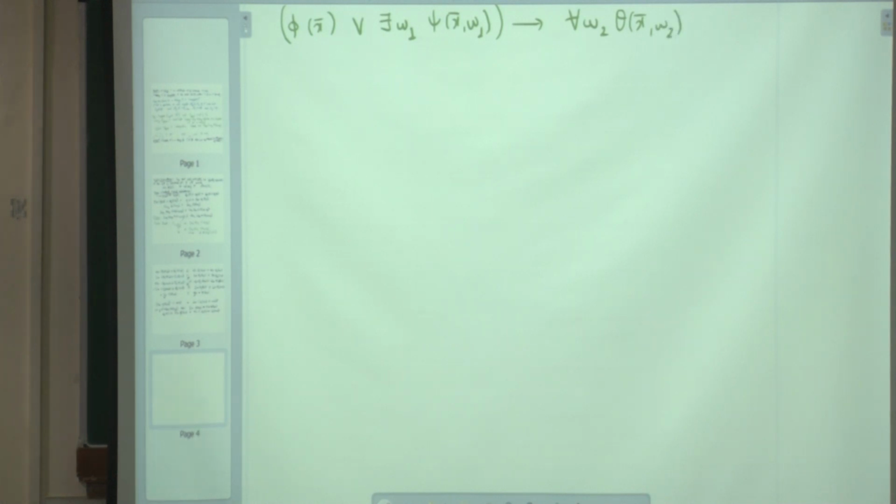I am given this formula. I want to transform it up to logical equivalence so that all the quantifiers are in the beginning and the inside formula is quantifier free, at least the quantifiers that we can see. Assume that phi, psi and theta are quantifier free.